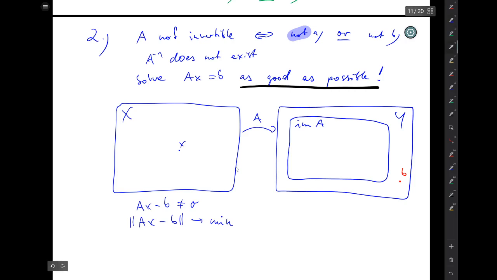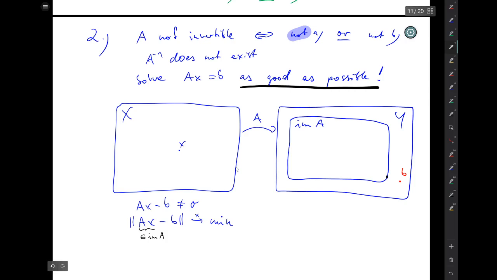So I'm looking for an x. So you minimize this via choosing x. Here you're looking for x such that this expression comes as close as possible to b. So it's of course in Y, and moreover it's in the image of A because it's A times something. So which point in the image of A comes closest to b?